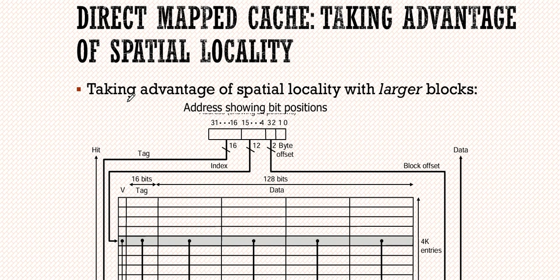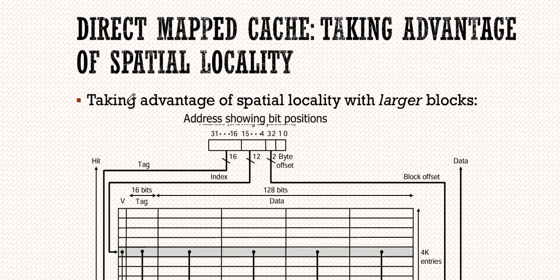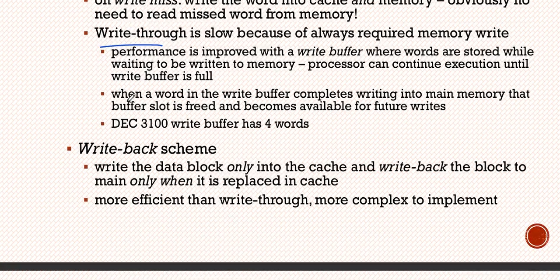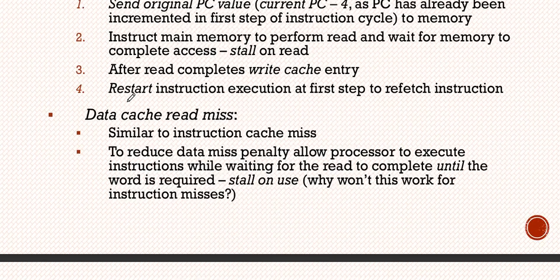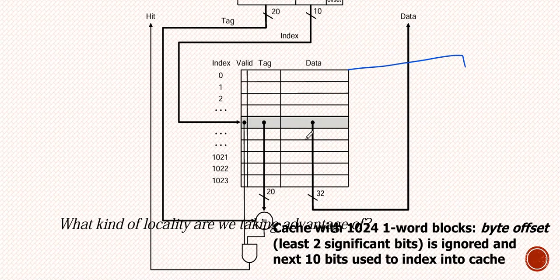So we are trying to take advantage of spatial locality. You see that the first one was actually taking advantage of temporal locality. So what kind of locality are we taking advantage of? This one is temporal, because the memory we have accessed, there is a high probability that we access it again.